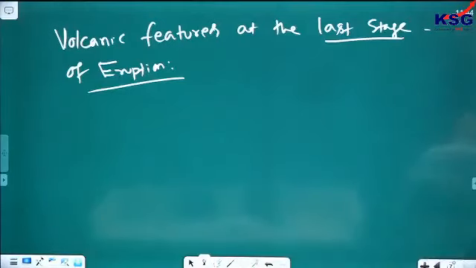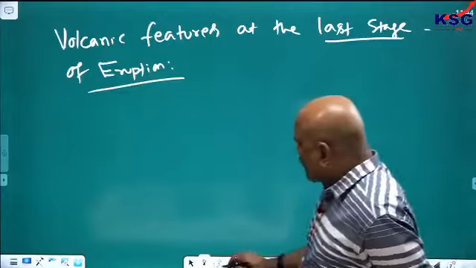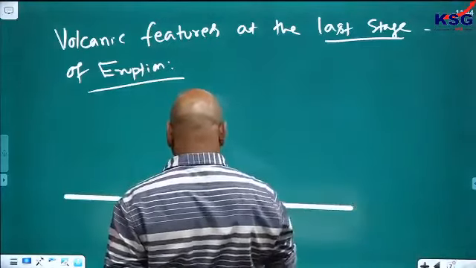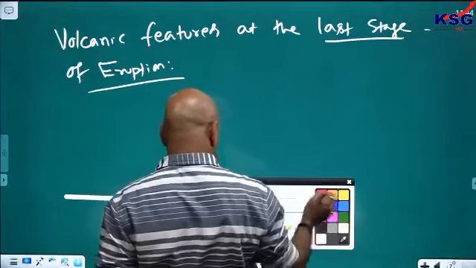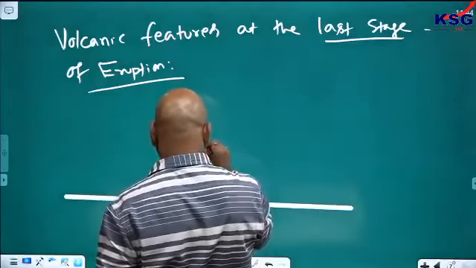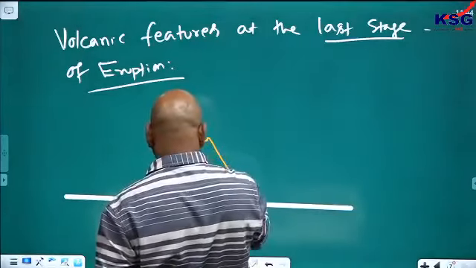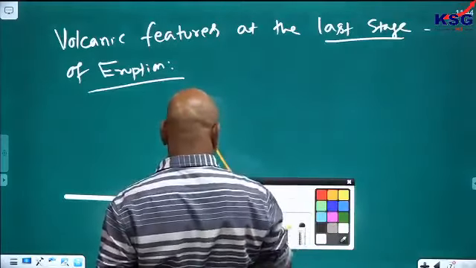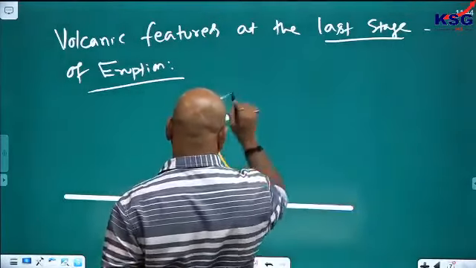Sometimes the vent through which volcanic gases are emitted is known as fumaroles. Fumaroles, fumes from the volcano. We have only gases coming out, white gases will come out from this volcano.